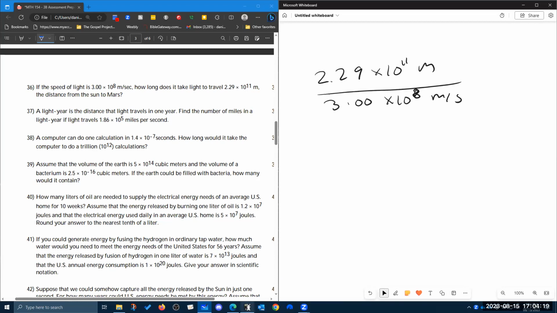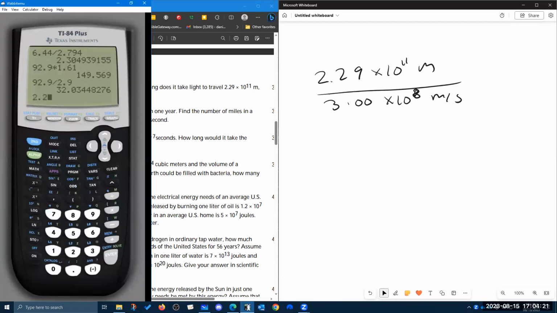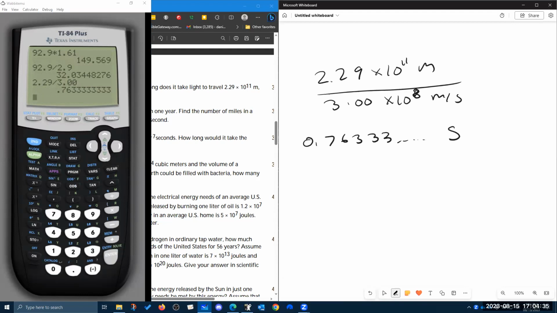So that's going to be 2.29 divided by 3.00, which is 0.76333, and so on, repeating, times 10 to the 3rd seconds.